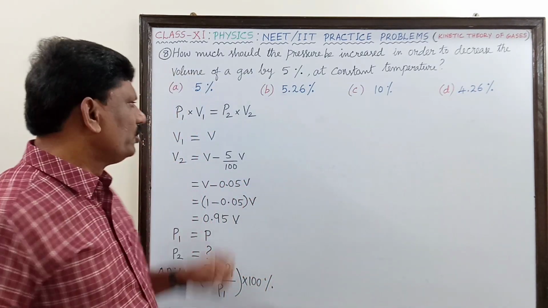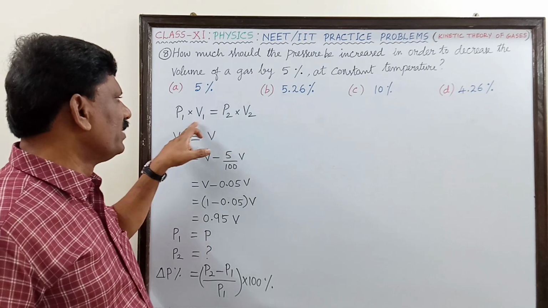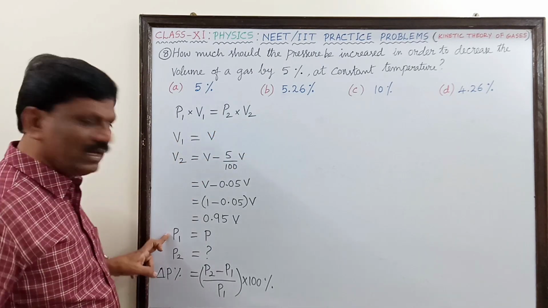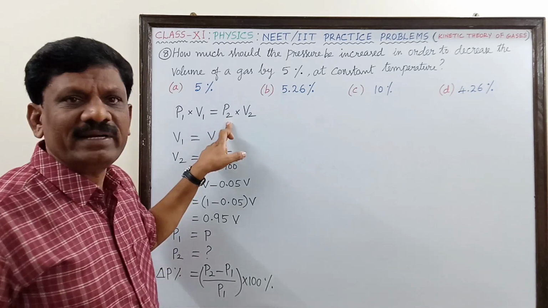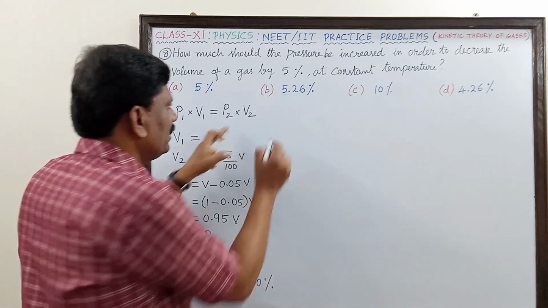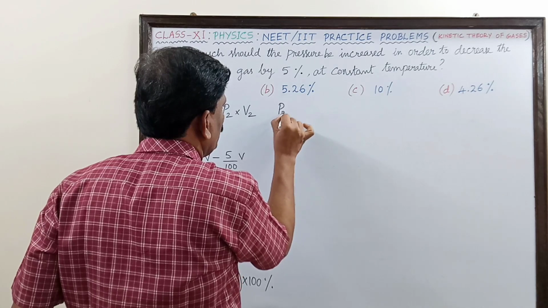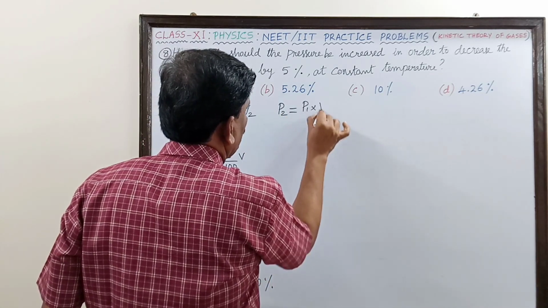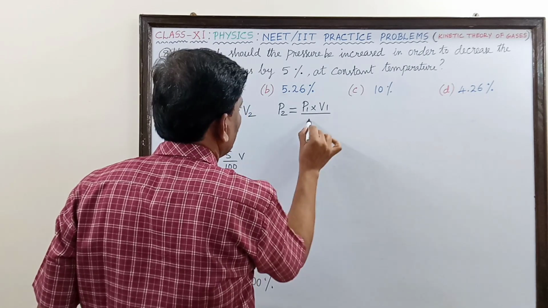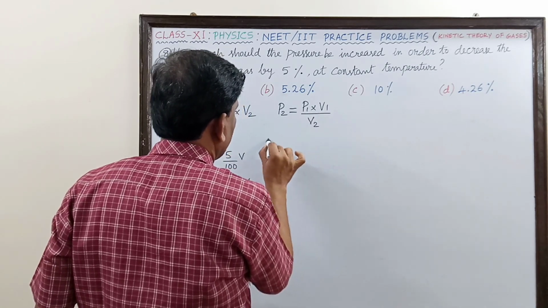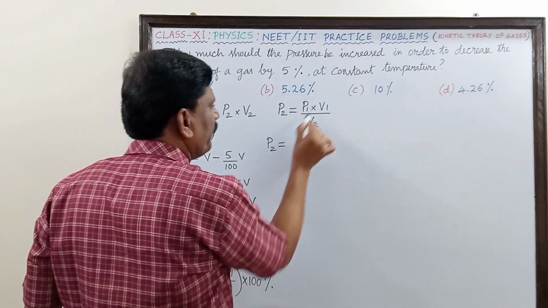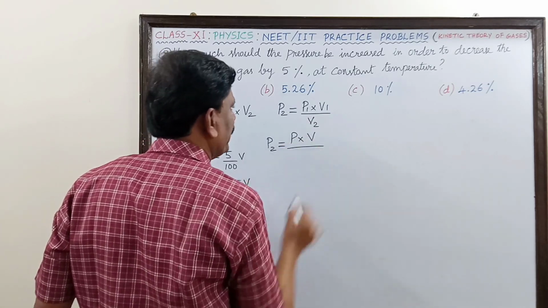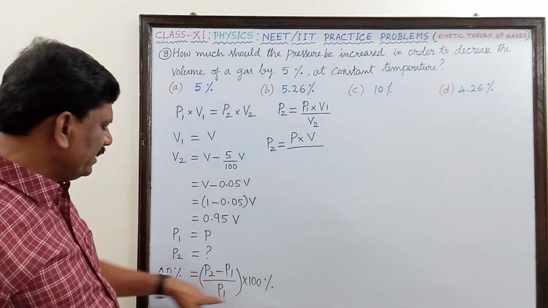Now, using this equation, P1 V1 is equal to P2 V2, and substituting V1, V2 and P1, what we are going to determine is P2. So directly I will write P2 is equal to P1 into V1 divided by V2. So P2 is once again equal to P into V divided by V2. So what is V2?